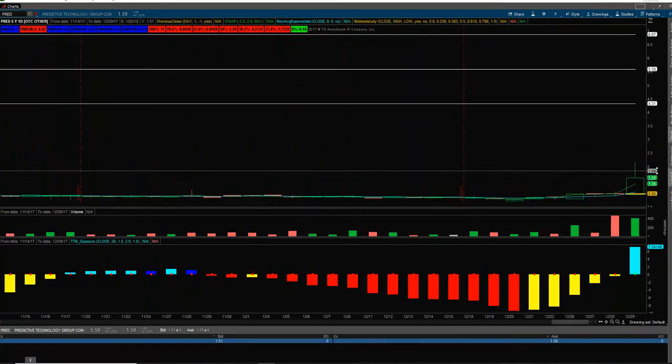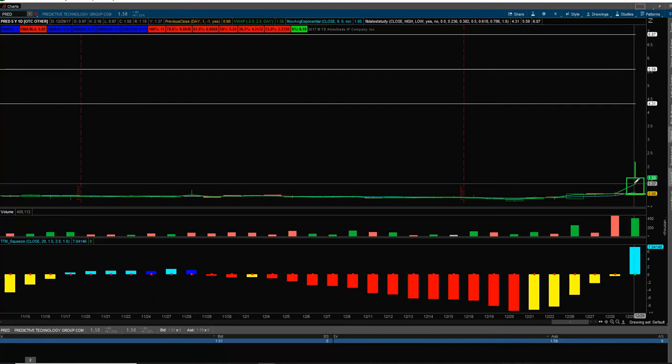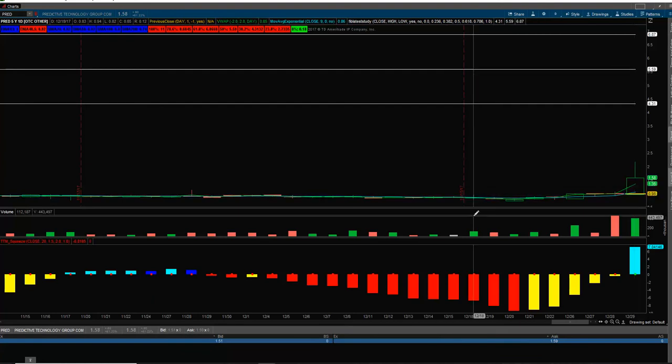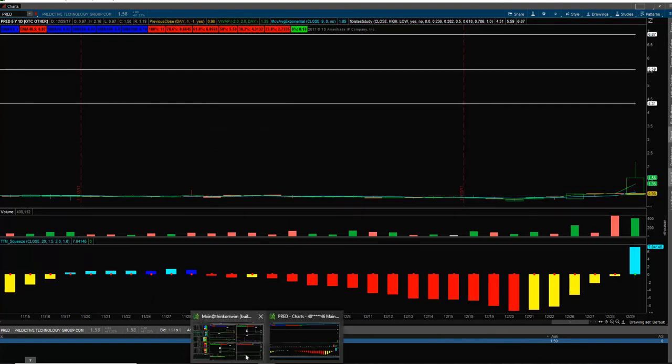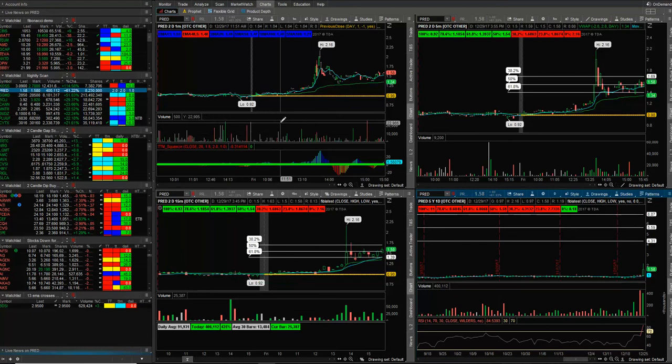Right now, the low here is 97 cents. Me personally, if I was going to swing this, I wouldn't even trade this. This is garbage. But let's say I was, just as a hypothetical. It seems to be the low.